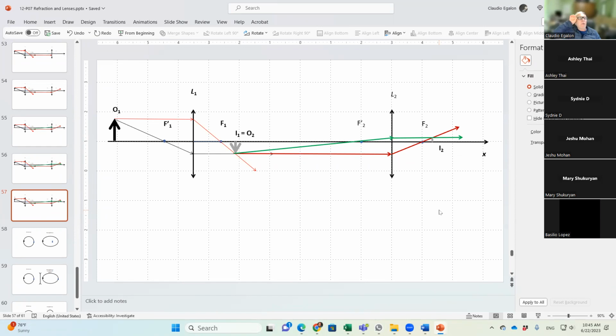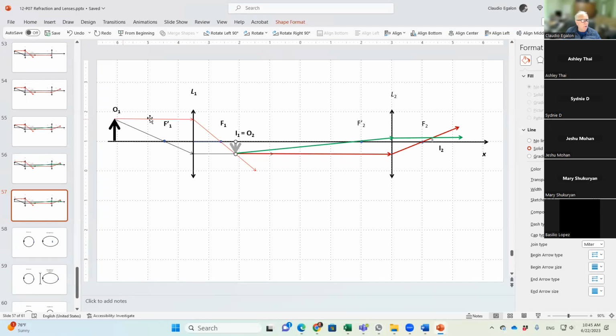Because the image is being projected upright in the eye, when the brain processes this image, you're going to see upside down, okay? I1 is just a real image that's formed by the first lens.